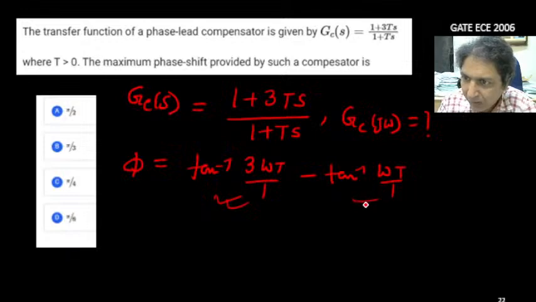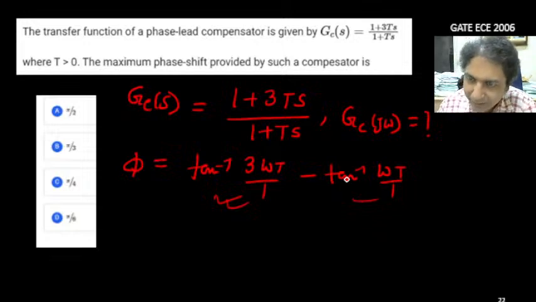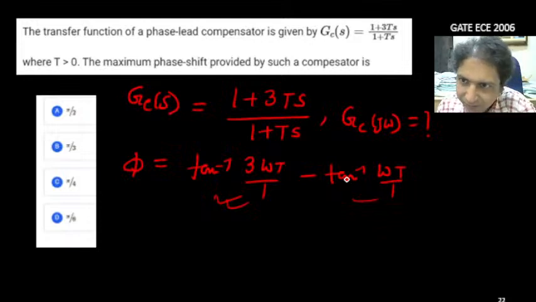But as omega approaches infinity, both will become 90 degrees, so 90 minus 90 becomes 0. Both start from 0 and end at 0, but in between you will get some positive phase. That's how it is a phase lead circuit or lead compensator.